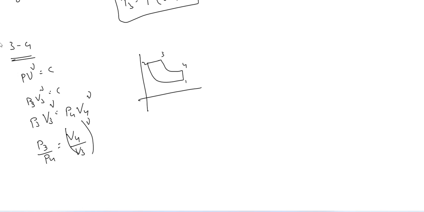Till now what we have discussed is V1 by V2 equals R, the compression ratio, and V3 by V2 equals rho, the cutoff ratio. See, this is our compression ratio, this is the cutoff ratio.